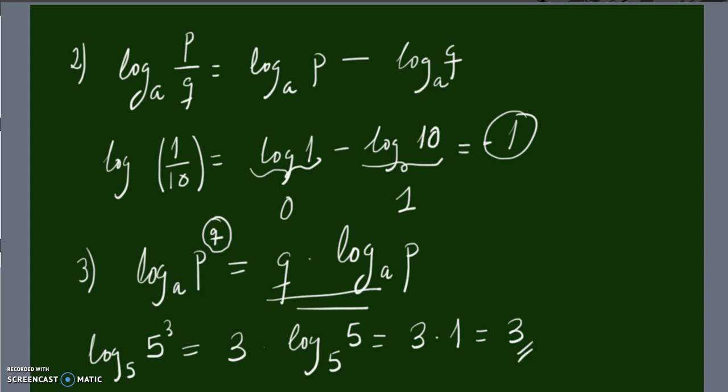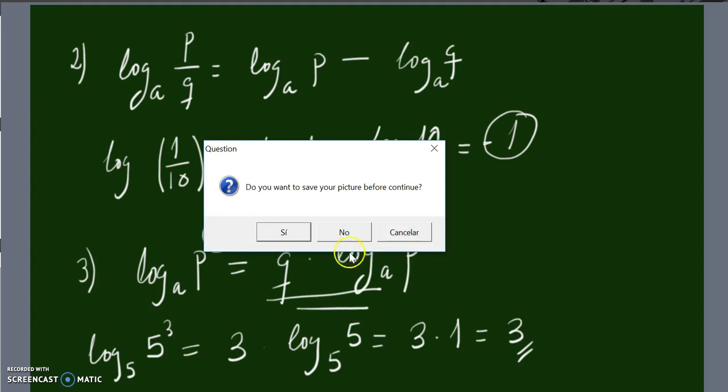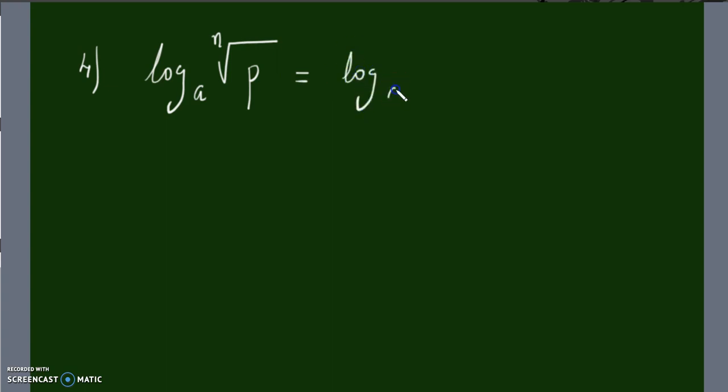And the last property that we are going to see now is the logarithm of a root. So this is for any root. We can write this as a power, as you know. So p to the power of, in this case, the p has exponent 1, so 1 over n.